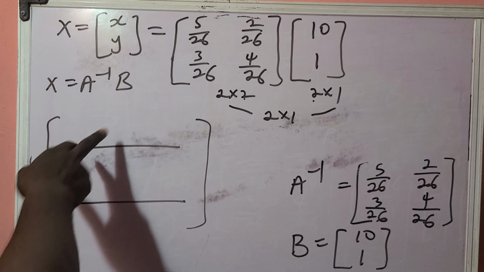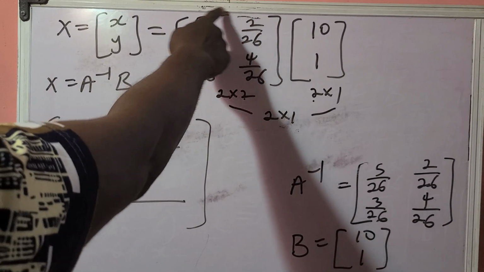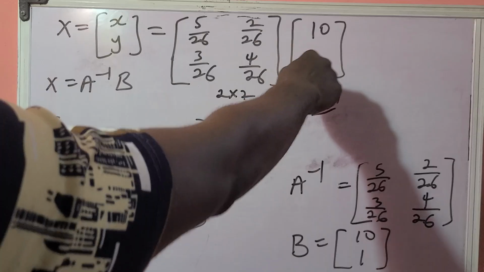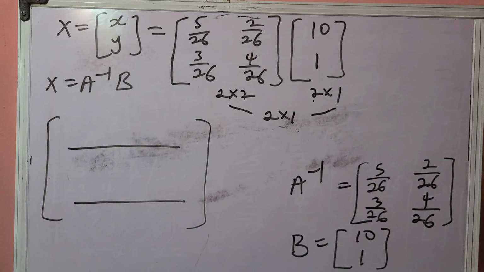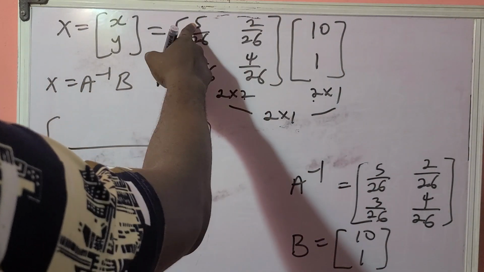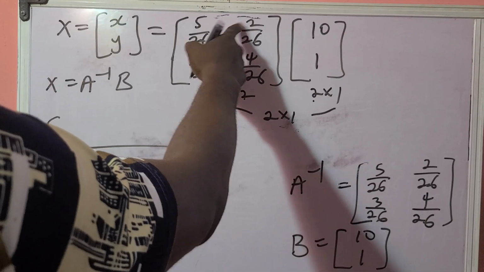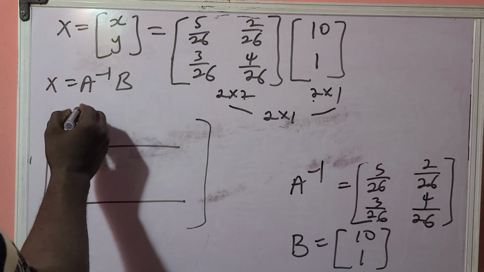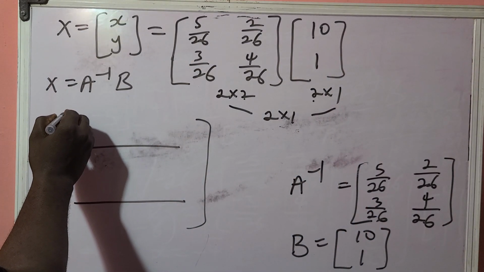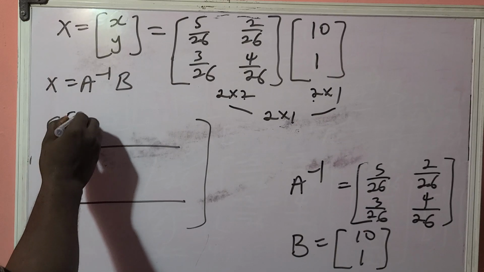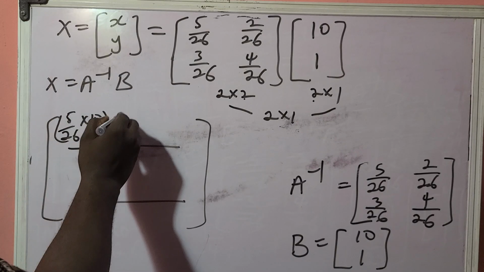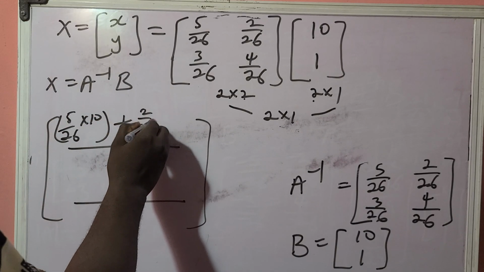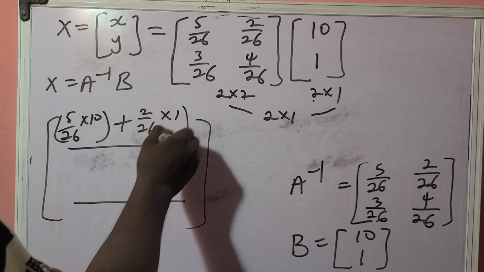So how do we find this row 1, column 1? You go on to pick row 1 here with column 1 here. So that will be this times this, 5 over 26 times 10, plus 2 over 26 times 1.